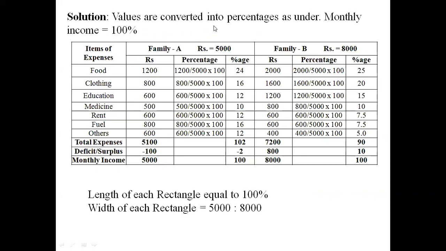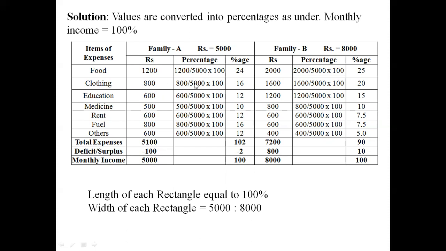First, values are converted into percentage as under. Monthly income is equal to 100. So monthly income, not for days, it should not be considered here. Monthly income is equal to 100. So 5,000, we have to convert this. So 12,200 divided by 5,000 into 100, that comes to how much? 24 percentage. 1,500 divided by 5,000 into 100.